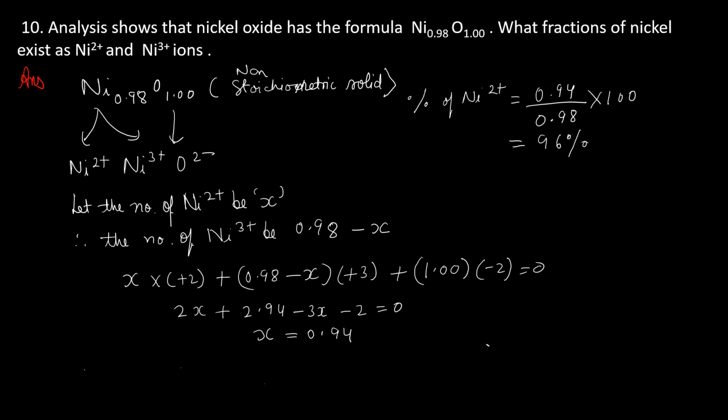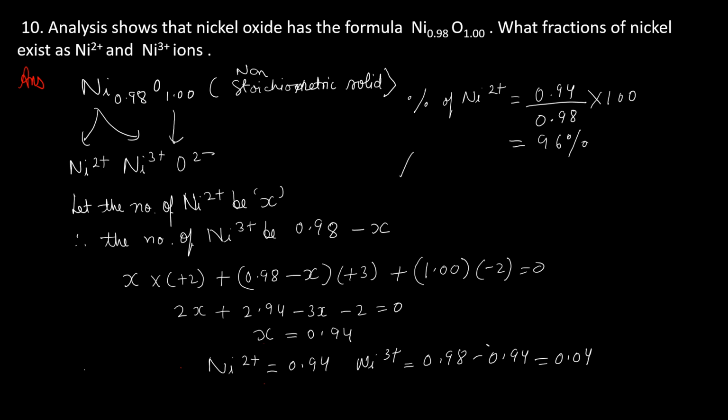Now nickel 3 plus ion. Nickel 2 plus ion is 0.94 here, and nickel 3 plus will be 0.98 minus 0.94. So it comes out to be 0.04.